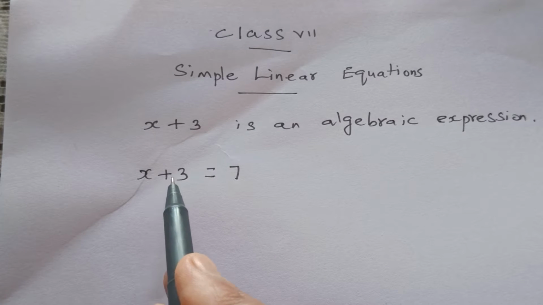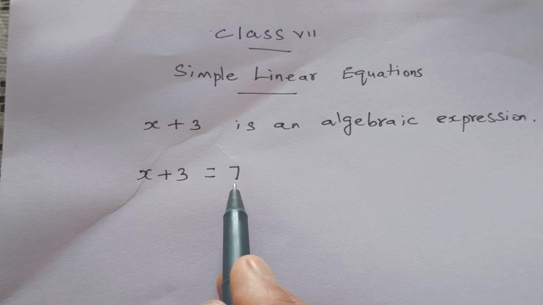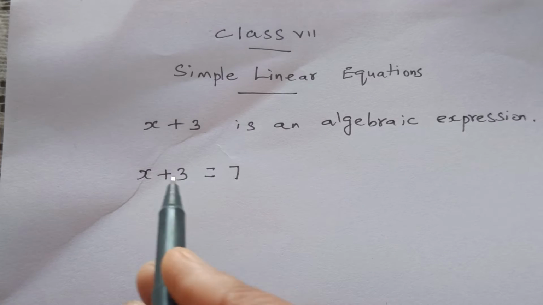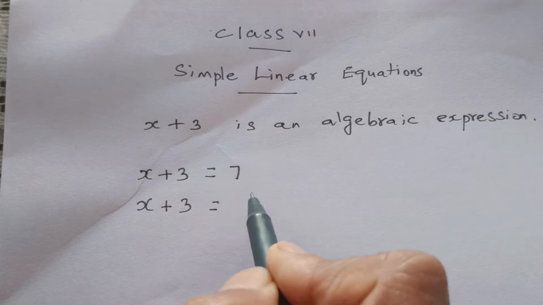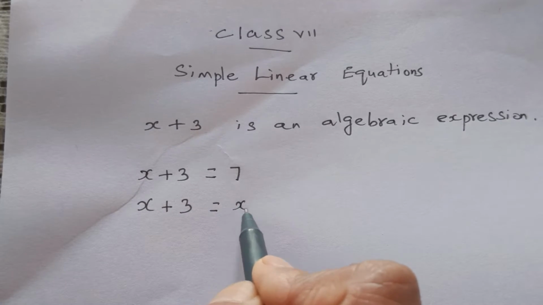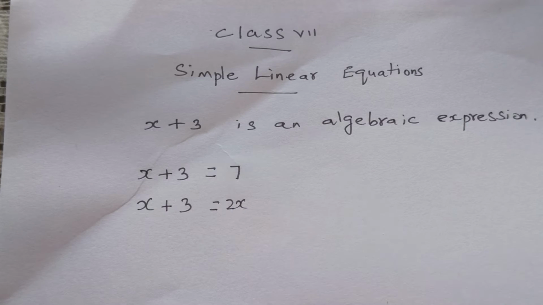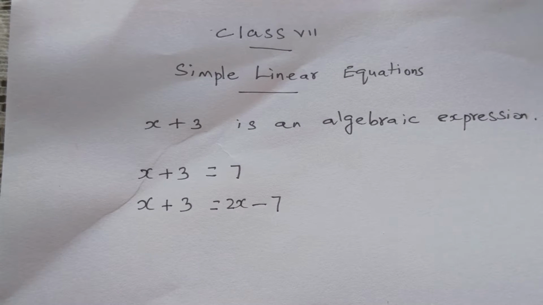Now, what is an equation? An expression equated to a number, to a numeral, is called an equation. Or you can have it like this also: x added to a number is equal to twice x reduced by 7, that is, 2x minus 7.